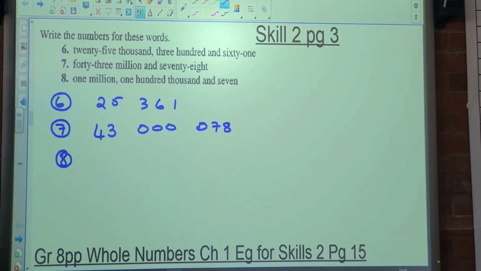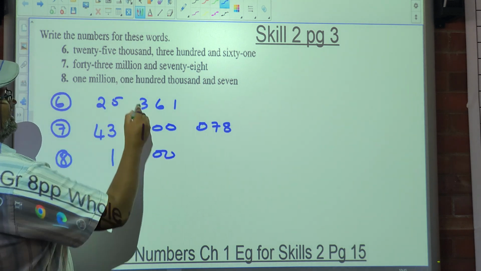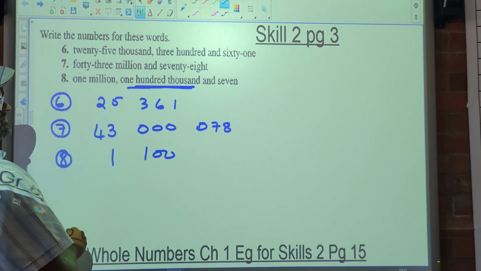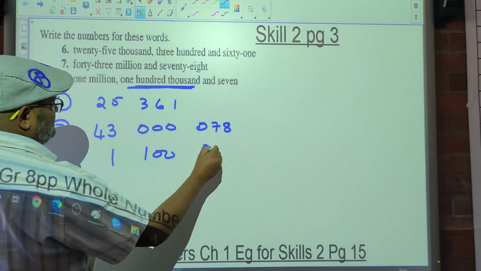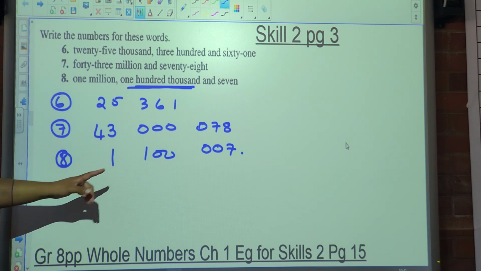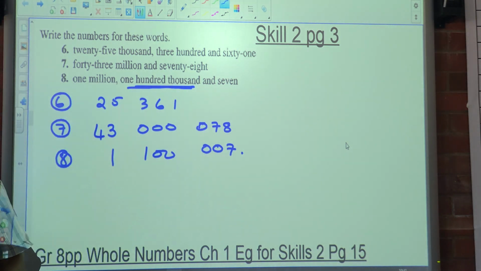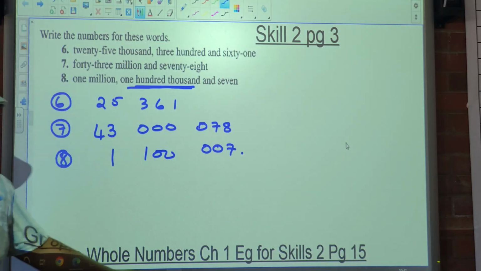It is 1,100,007. Who would like to try this one? Michael at the back? A 1, yes, 100, because that's 100,000. Then 000, 007. Okay, so it's 1,100,007. You all understand? Yes, sir. All right.